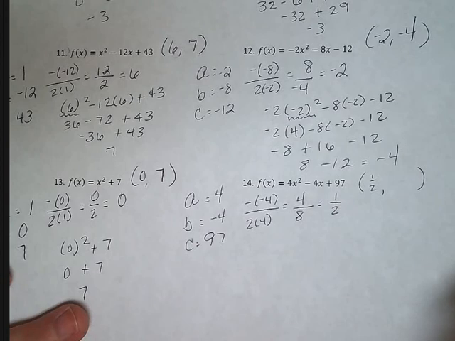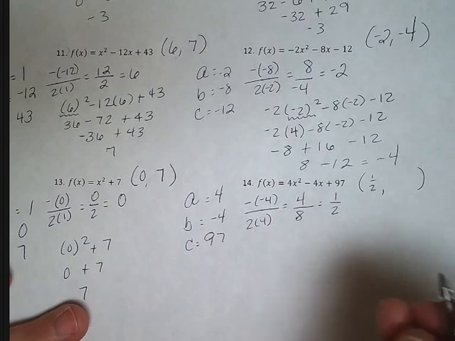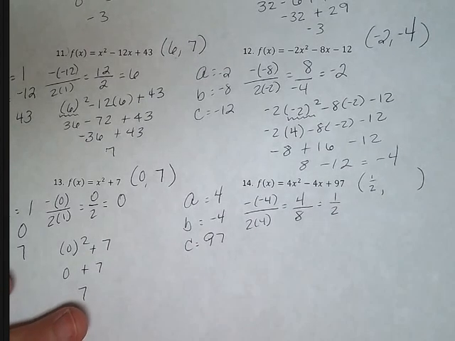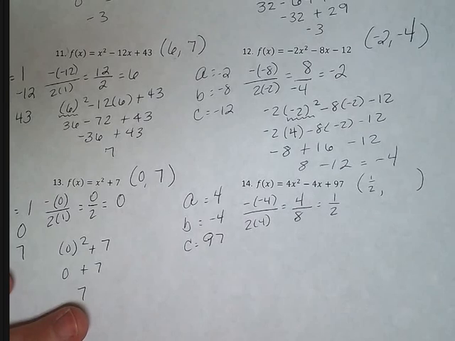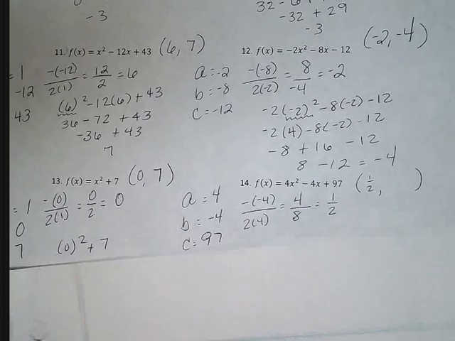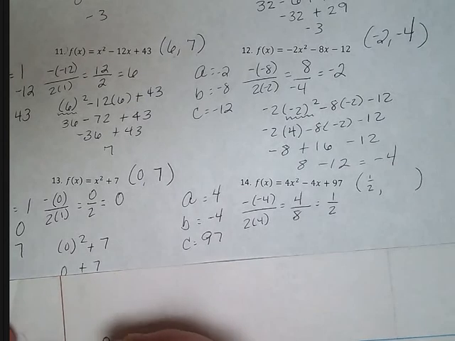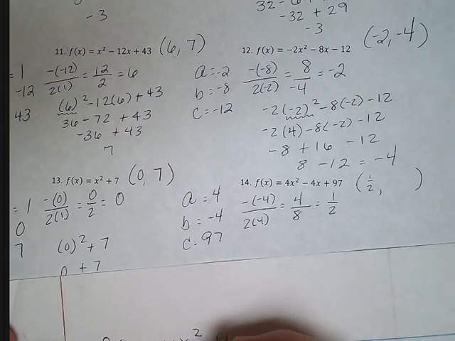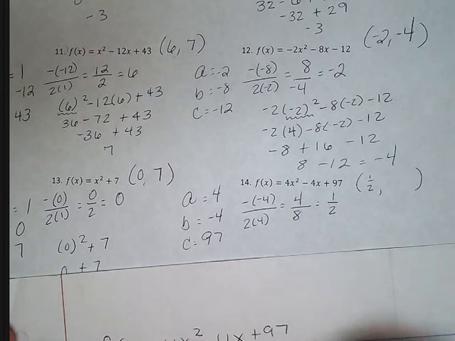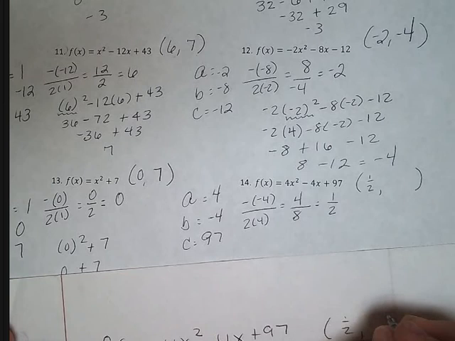We can do this. So I am actually going to call in reinforcements of scratch paper for this one. So our original problem was f of x equals 4x squared minus 4x plus 97, and we have 1/2 for our x so far.